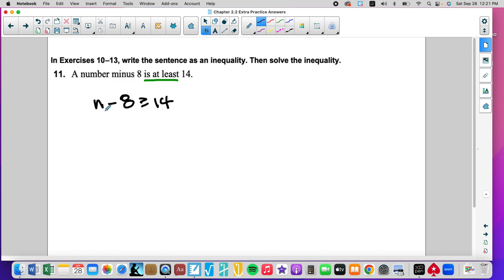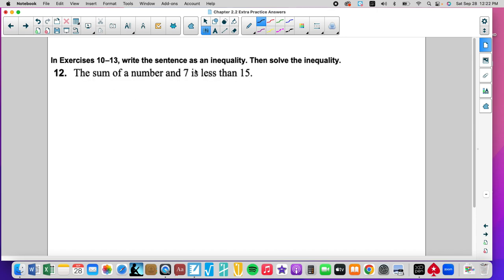That means it has to be greater than or equal to. So it can be equal to 14, but it has to be more than it. Its smallest value is 14, and then it must be greater than or equal to 14. We'll add 8 to both sides. N is greater than or equal to 22. We don't have to graph it, just solve it.